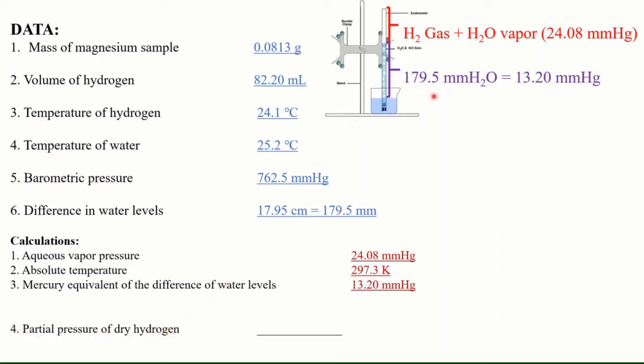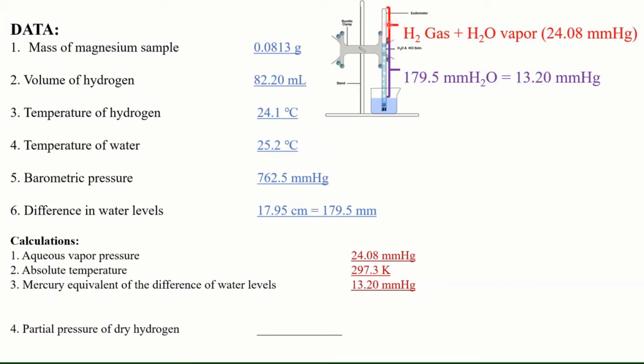Now if we remember our experimental setup, we had the barometric pressure, which is the atmospheric pressure of 762.5 millimeters of mercury. The pressure that's acting on the surface of water in the beaker is being opposed by 3 different pressures. First, the pressure of hydrogen gas that was collected.